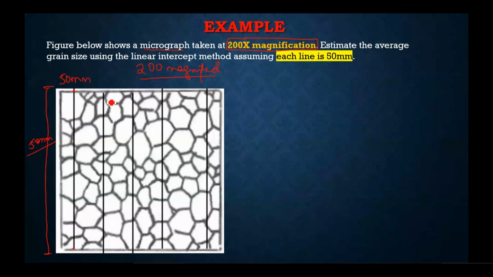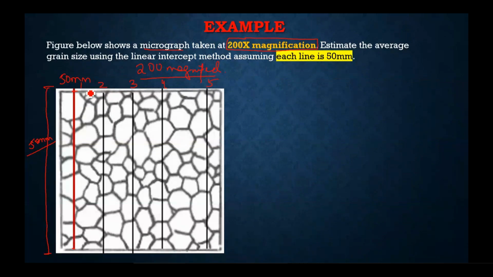Now, the first thing is, can you identify the grains? Could you visualize different grains in the micrograph? Yes, sir. All right. So I have drawn these random 50 millimeter lines: one, two, three, four, five.